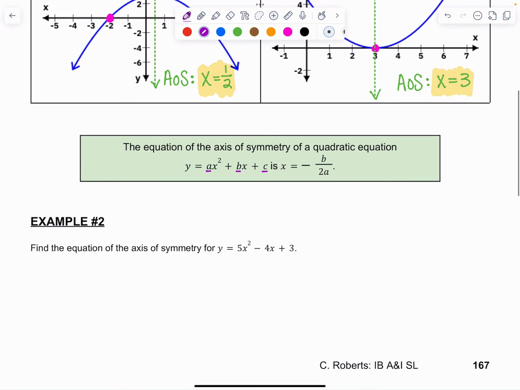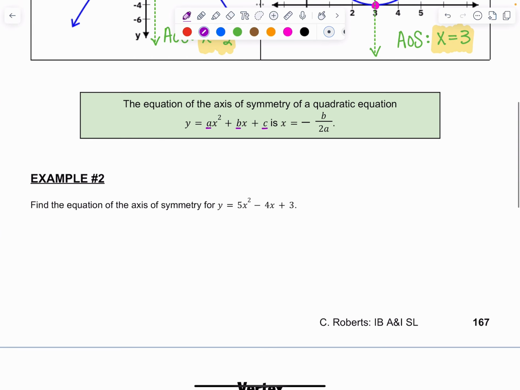If we look at example 2, by looking at this equation, a will be equal to 5, b will be equal to -4, and c will be equal to 3. And of course, they're asking us to find the axis of symmetry. So all I have to do is use this equation, x is equal to -b divided by 2a.